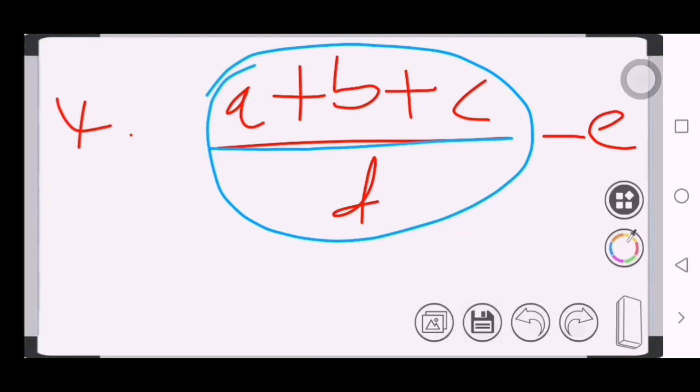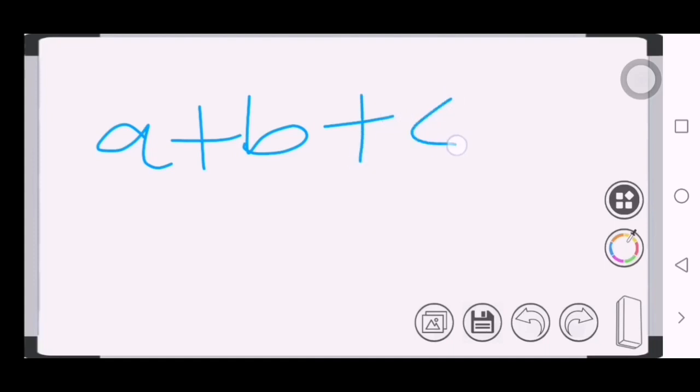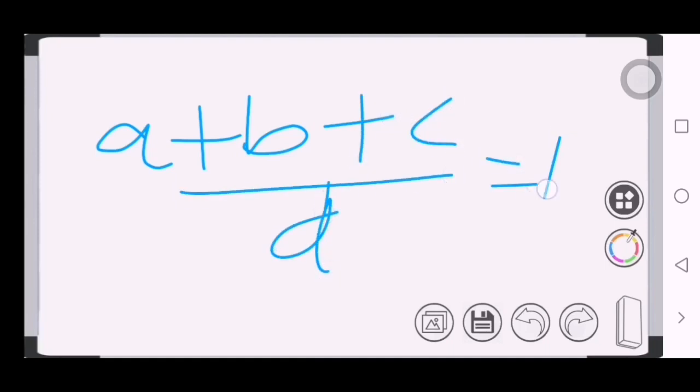Number 5, a plus b plus c all over d minus letter e. Therefore, we have only 2 terms here, 1 and the negative e or minus e, 2. Therefore, we have 2 terms.